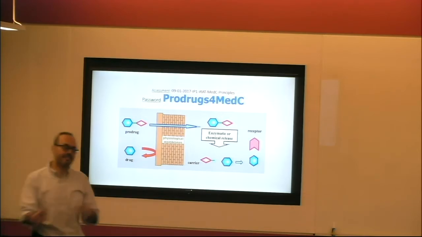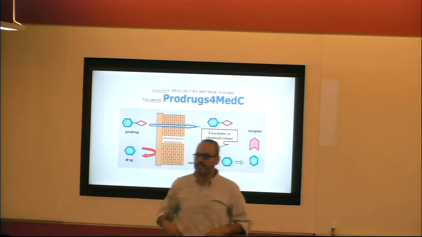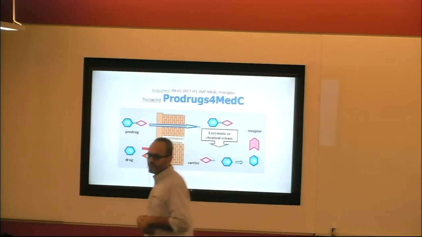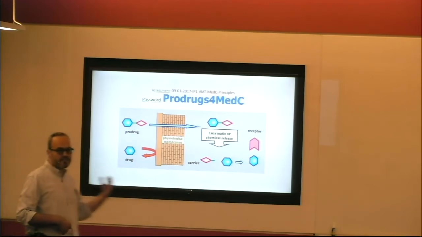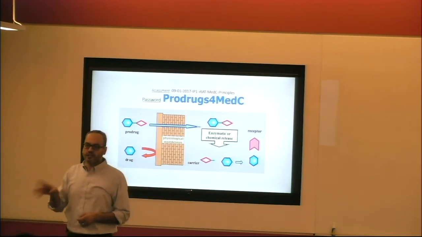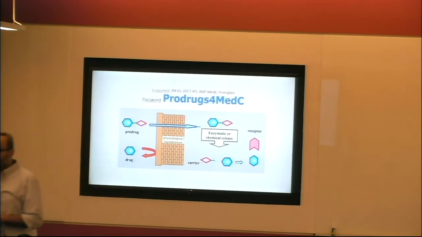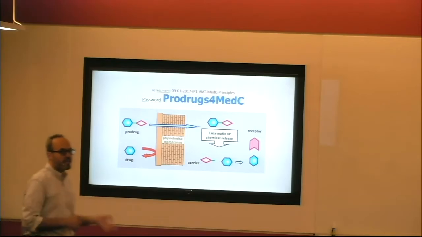And then once it gets to the circulation, it passes all the horrible effect of the stomach, the acid, enzymes, the liver, first pass effect. Then once it gets to the circulation, we rely on an enzyme. Most of them rely on an enzyme called the esterase enzyme, which is in the blood, that converts it back to the active form.